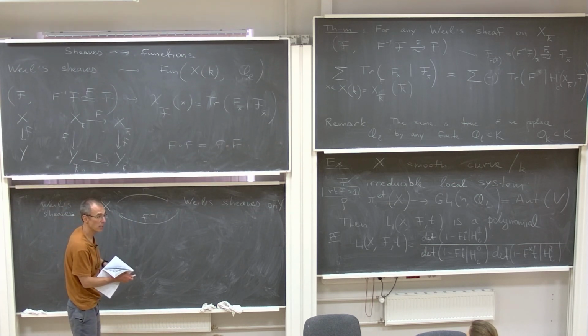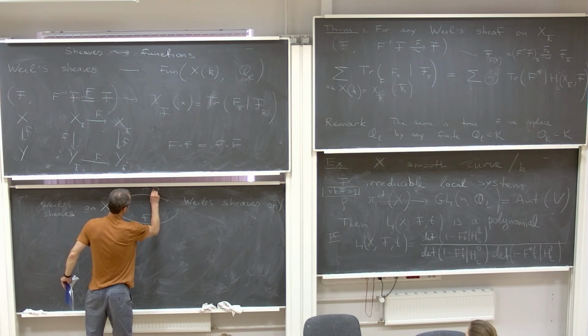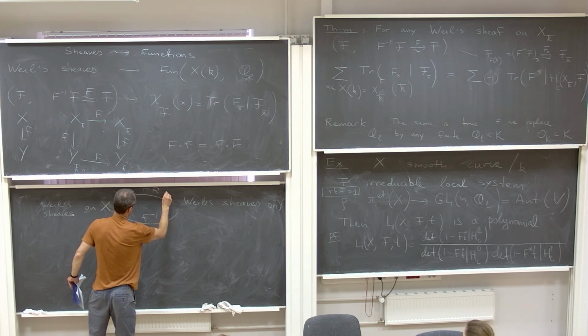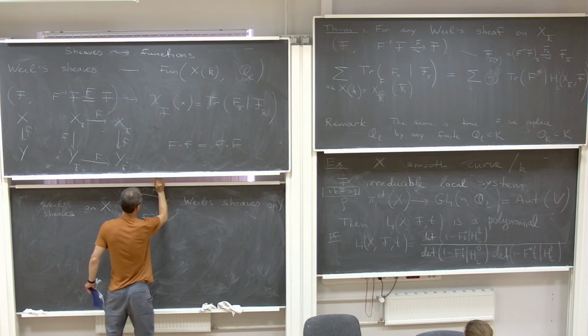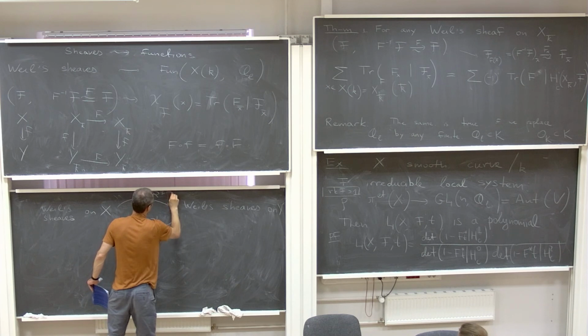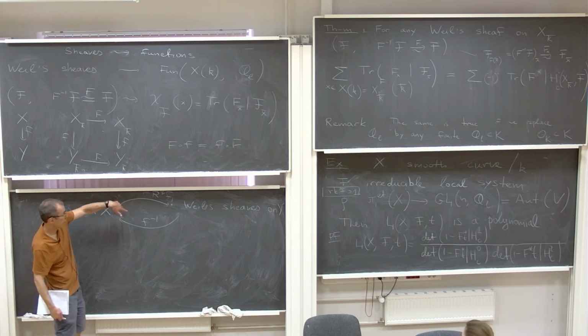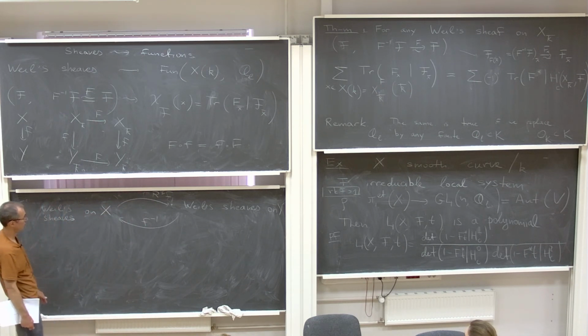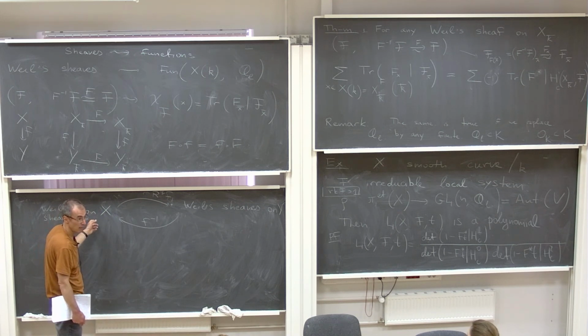So shall I explain this? Okay. And there is also this functor, the derived direct image with compact support. I would say that I want to take the adjoint, but the adjoints are not exact. So you have these functors, and they also carry Weil sheaves to Weil sheaves.